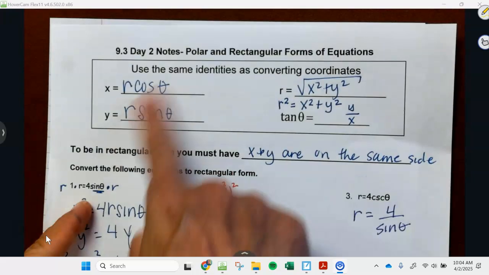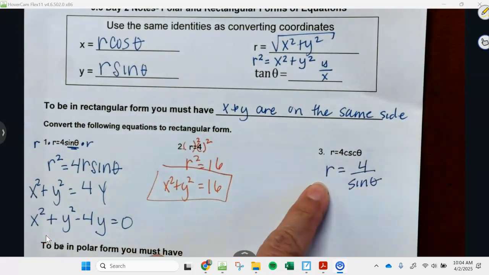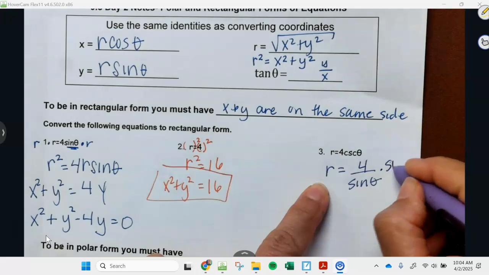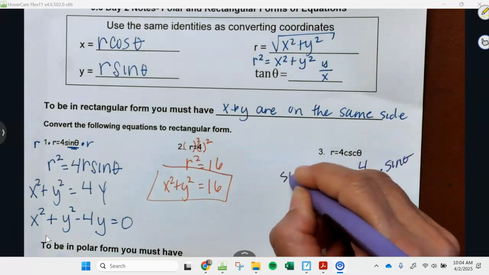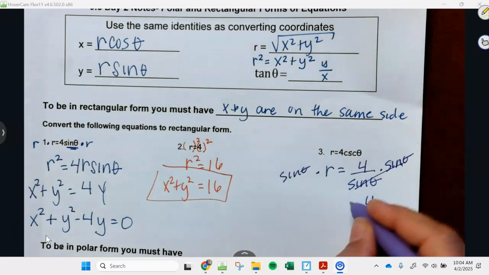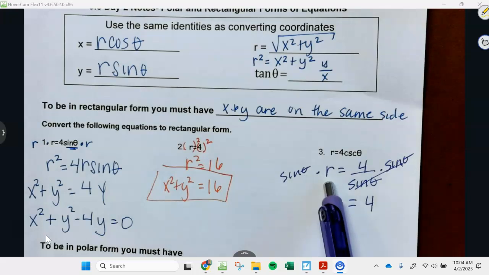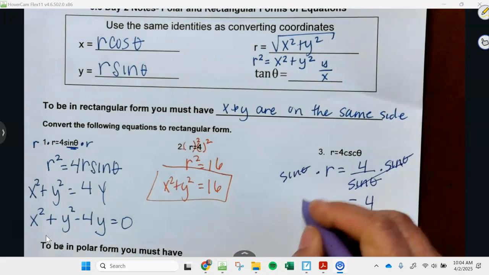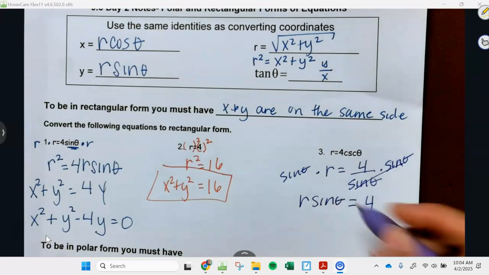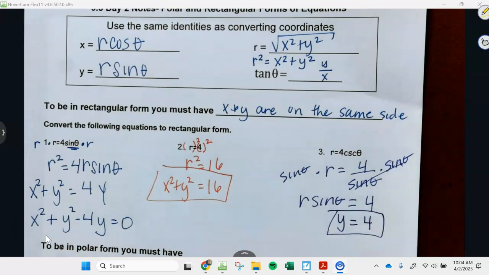Also, y'all, there's no fractions up here, so I got to get rid of this fraction. So I have to multiply both sides by sine theta. All right, those cancel out over there on the right, which is perfect. And then look, this is going to be the letter y. That matches y exactly. So this is just a horizontal line at y equals 4.